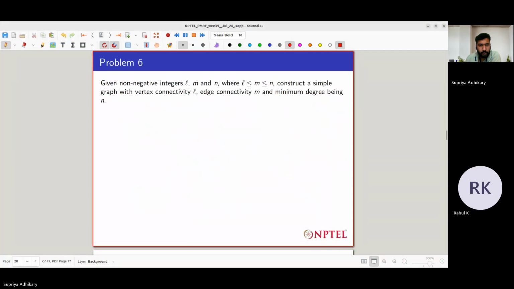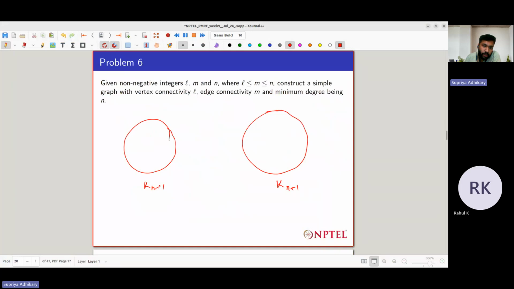So how do we construct this graph? Basically, we will take two K n plus 1 graphs. If we consider these K n plus 1 graphs, then we can assure that each of the vertices in these graphs has degree n. But this graph is disconnected, so we need to somehow create a connected graph.